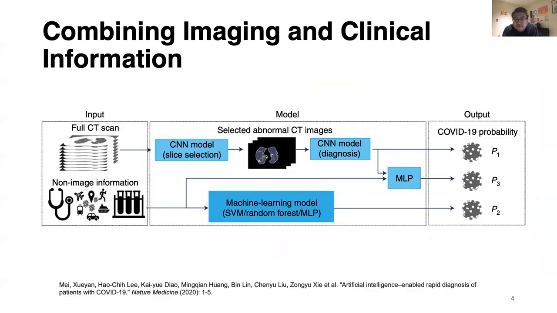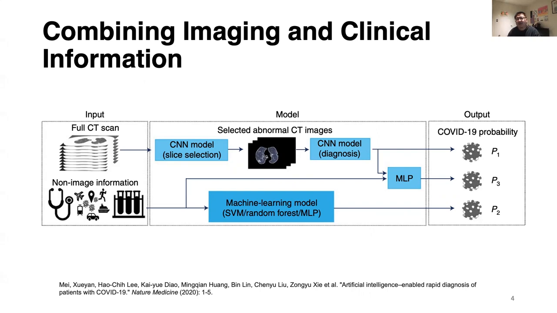And actually, this is a pipeline of their proposed model, where 3 AI models are used to generate the probability of a patient being COVID-19. So number one, the first one is based on the chest CT scan, similar to what we have seen in the previous example. And the second is on clinical information. And the third one is on the combination of chest CT scan and clinical information.